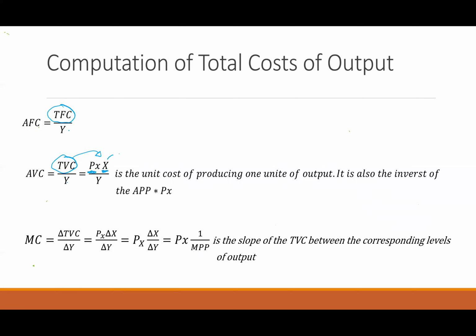X is the quantity of input. So that's the total variable cost. Why can we not break down this cost here? Because the total fixed cost is not a function of output.